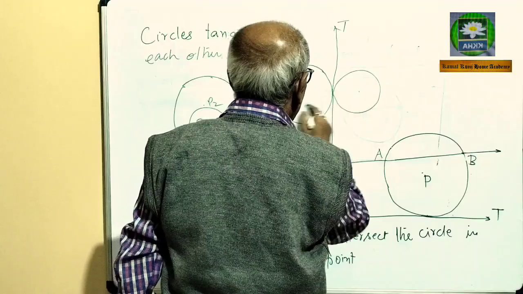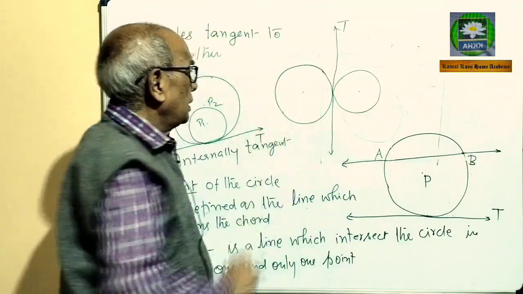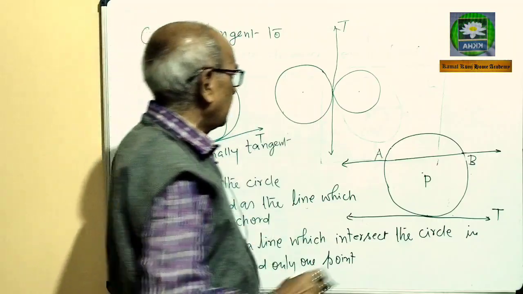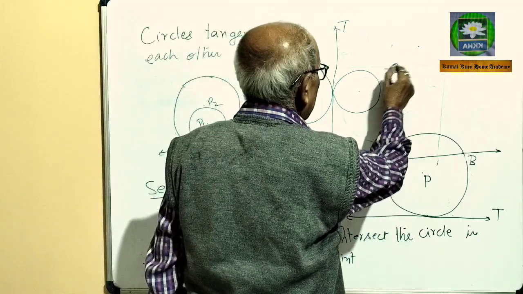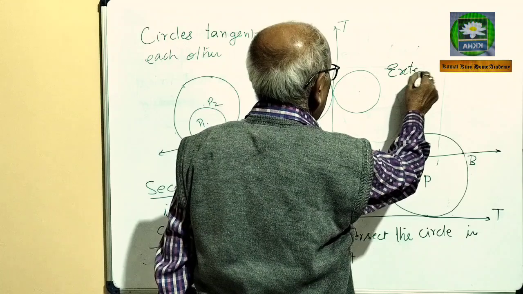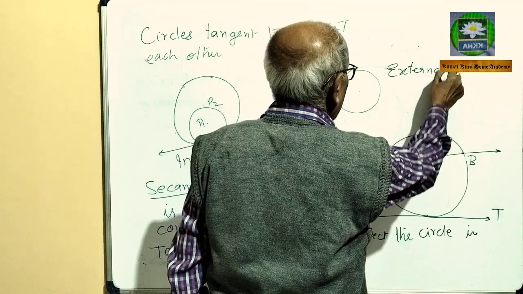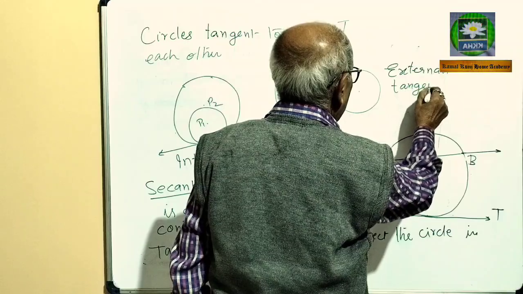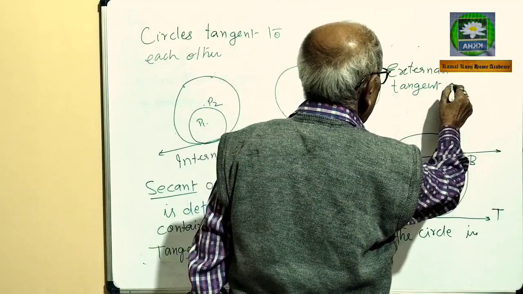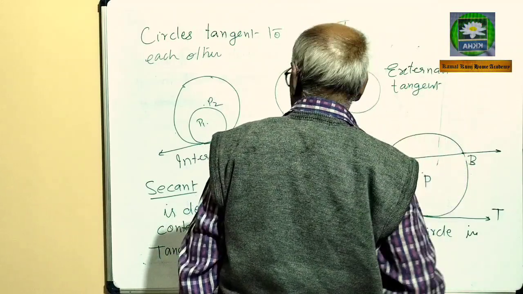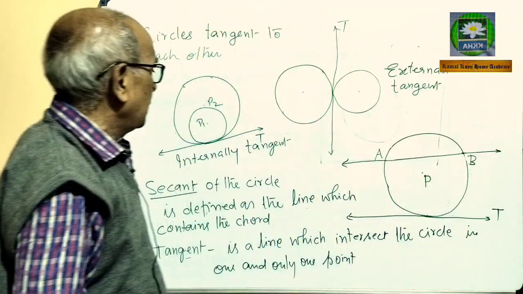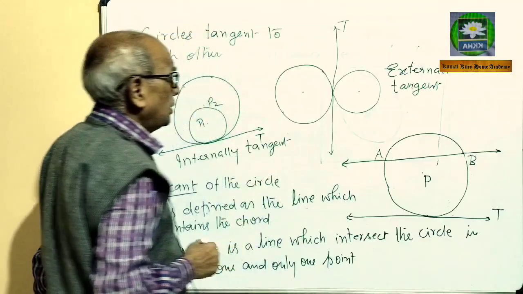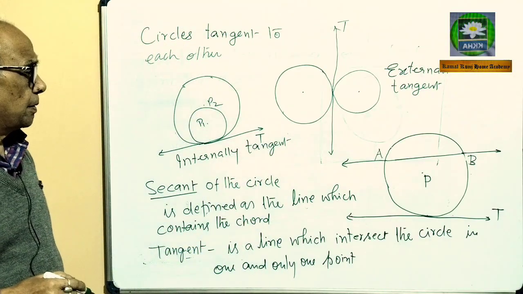When the centers are on the opposite sides of the tangent line, they are called externally tangent circles.